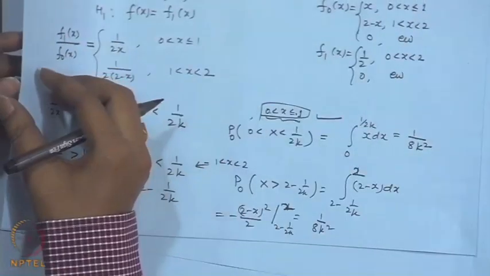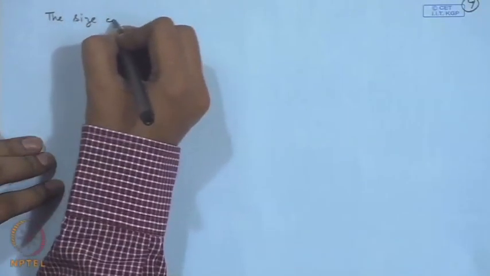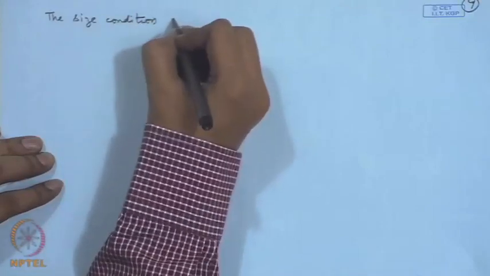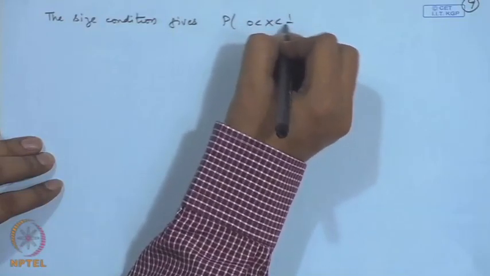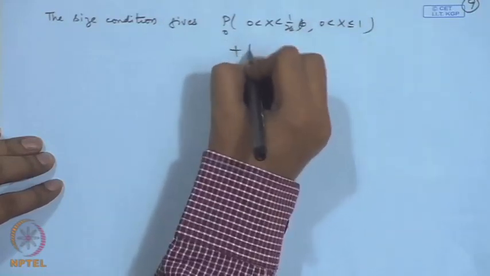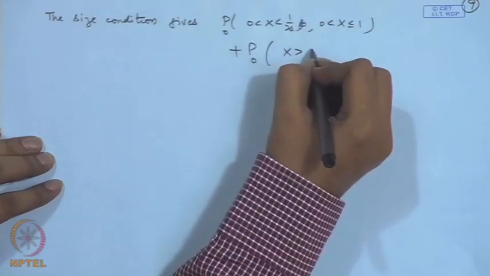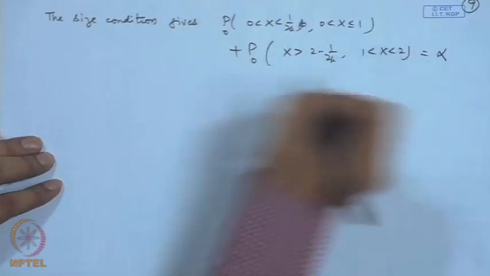So, if we write down the size condition, it gives the probability of type 1 error: the probability of 0 < x < 1/(2k) for 0 < x ≤ 1, plus the probability of x > 2 − 1/(2k) for 1 < x < 2, is equal to alpha.